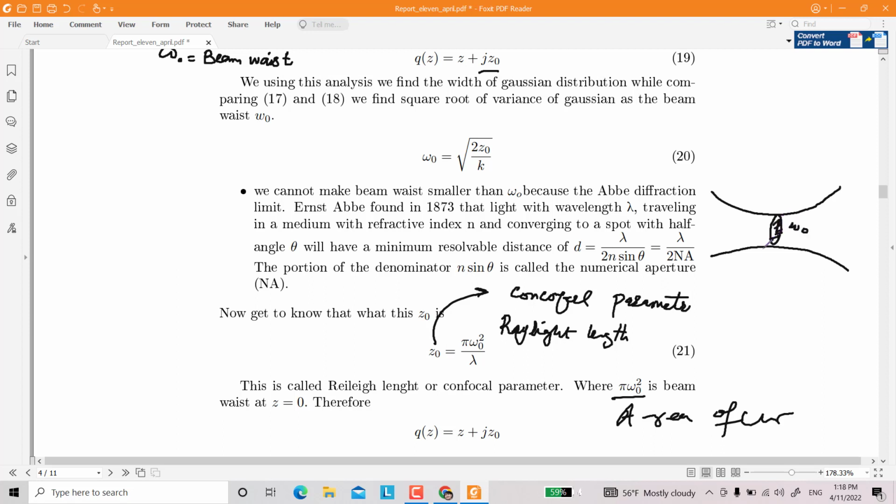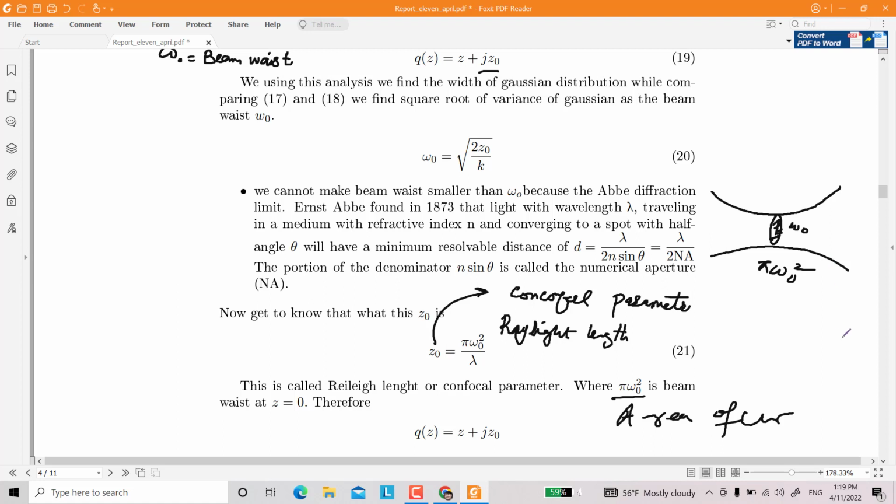The area of the transverse section of this beam is pi omega naught square. If the area of the beam spot is smaller, the Rayleigh length will be smaller for a given wavelength lambda, and vice versa.